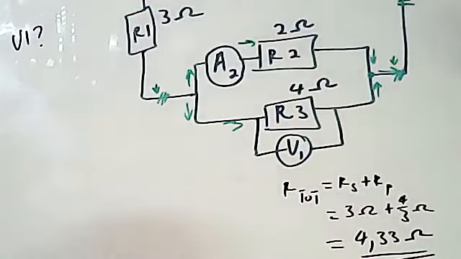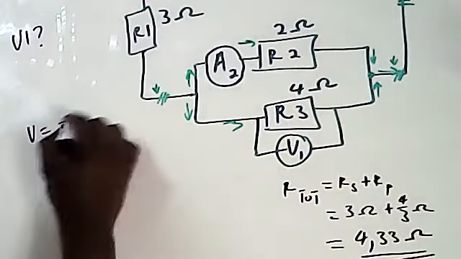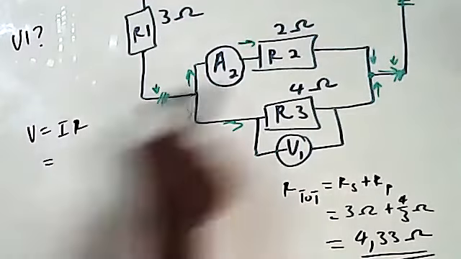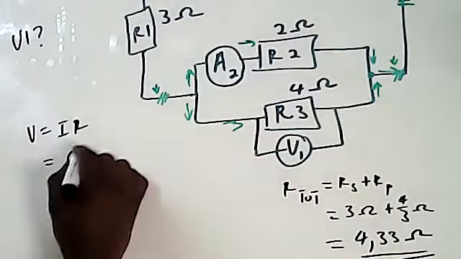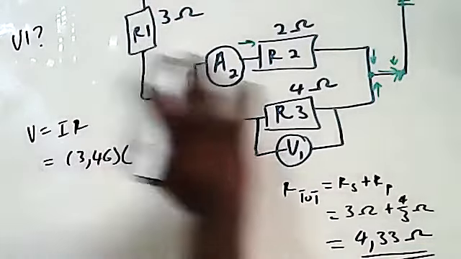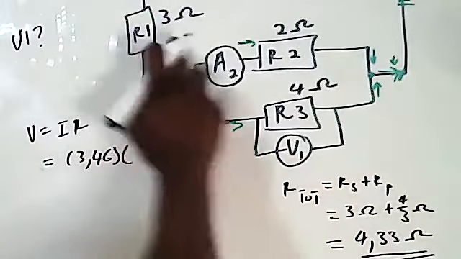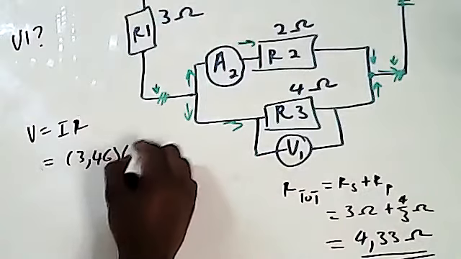Hopefully I'm not confusing you. So V is given by what? V is given by IR. Our I is 3.46 because when we get here, we still have 3.46. And for the resistor, we don't use the resistance of the whole circuit because that is excluded. We are only focusing on this part, so we use this 4/3, right?